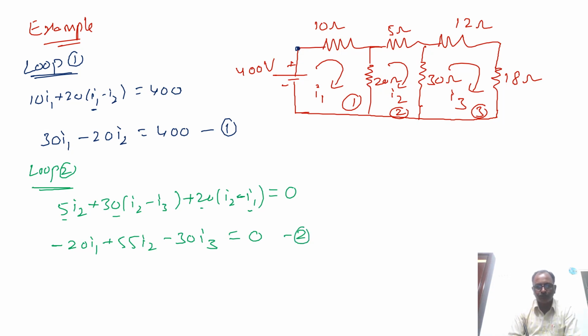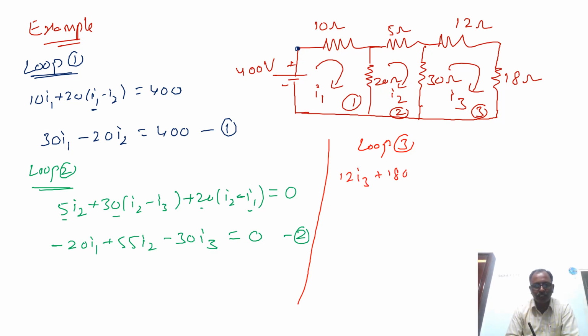Now if you write for loop 3, loop 3 is formed by 12 ohms, 18 ohms and 30 ohms. So 12 ohms and 18 ohms belong to only loop 3. Therefore 12 I3 plus 18 I3, and 30 ohms. 30 ohms is a common resistance for loop 2 and loop 3.